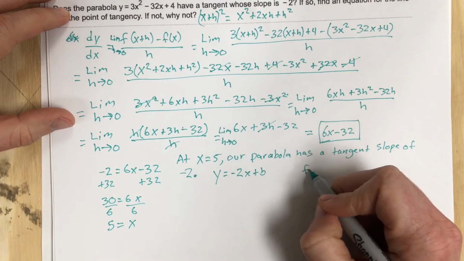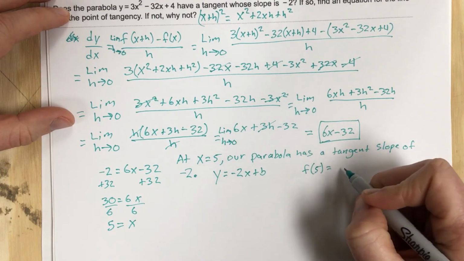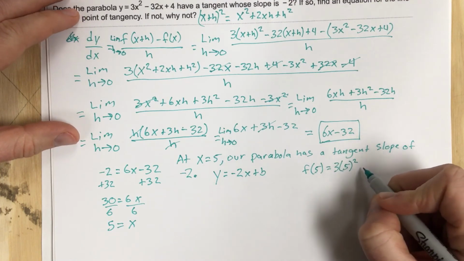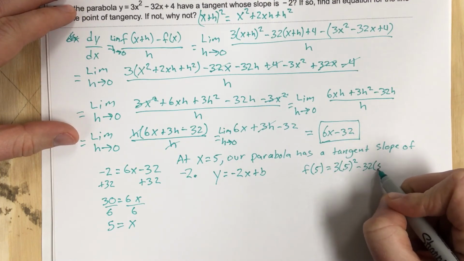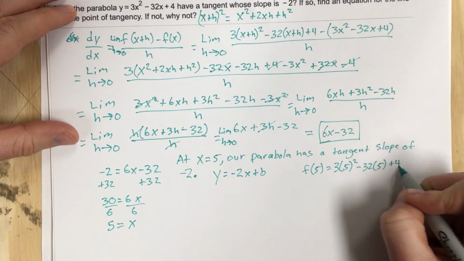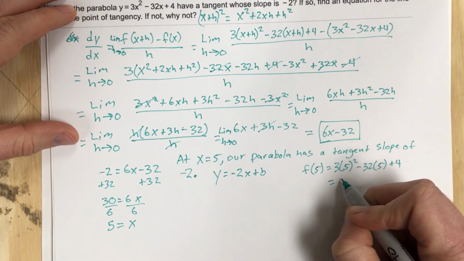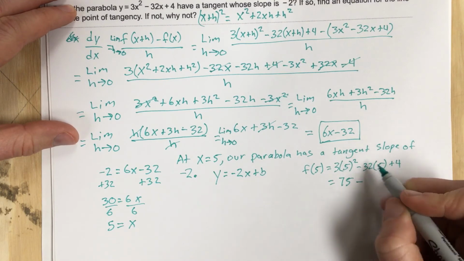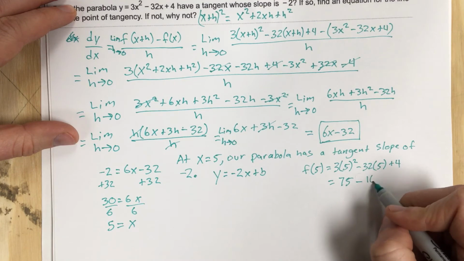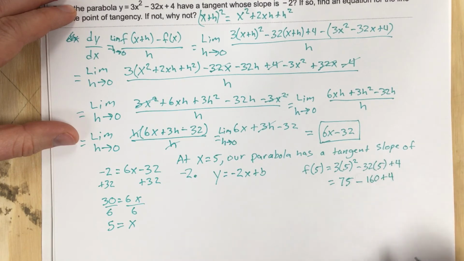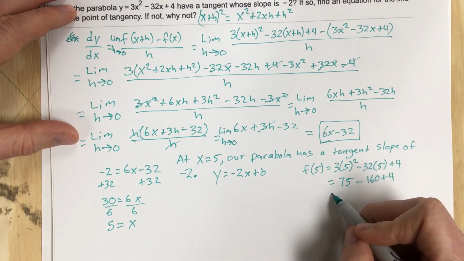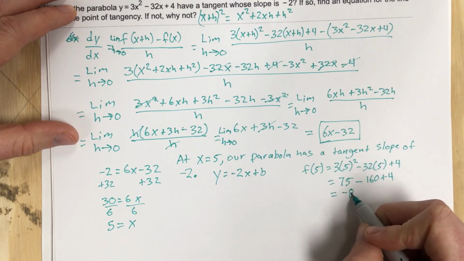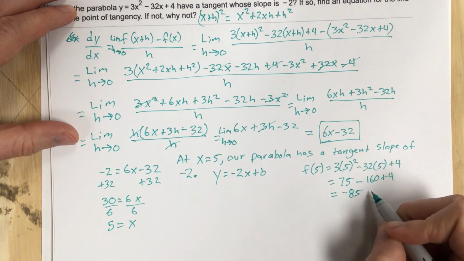So we're going to say f of 5 is equal to 3 times 5 squared, minus 32 times 5, plus 4. 5 squared is 25, so this is 75, minus 32 times 5 will be 160, plus 4. So 75 minus 160 is negative 85, plus 4.